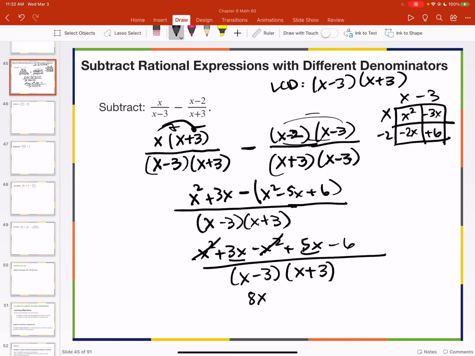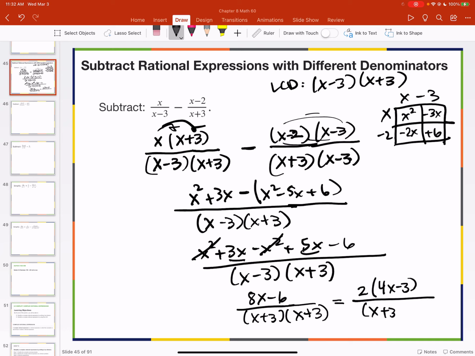So you get 8x minus 6 all over x plus 3, x minus 3. But if we want to be super exact, we can factor the top and just leave it in completely factored form. So you factor out a 2, you get 2 times 4x minus 3 all over x plus 3, x minus 3. Oh, I wrote x plus 3 twice here. Sorry. x minus 3.